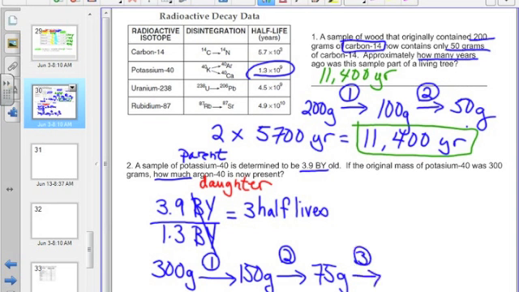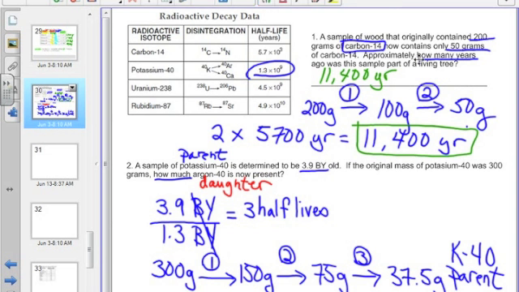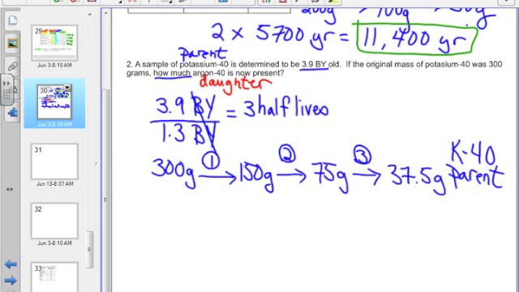My third half-life cuts that 75 grams in half again and gives me 37.5 grams of my parent, right, of my potassium-40, because that always decreases over time. So I know out of my original 300 grams, 37.5 grams is still potassium-40.